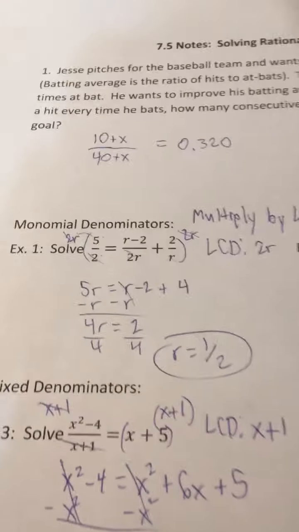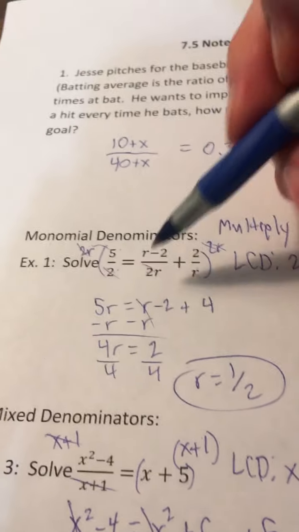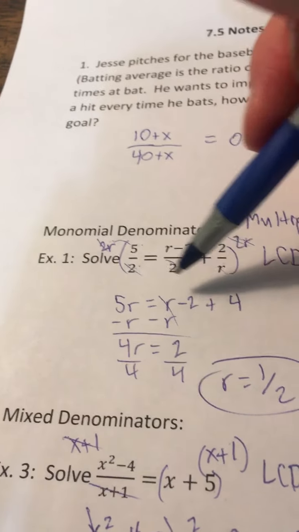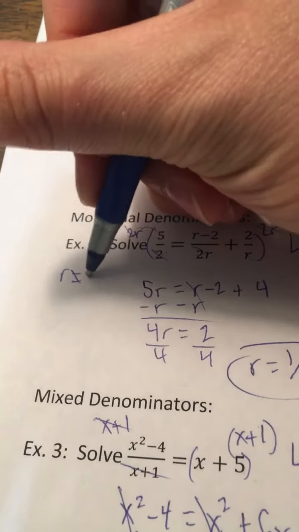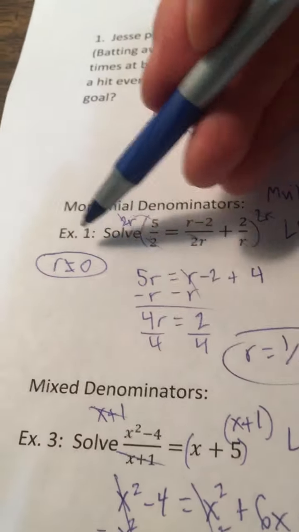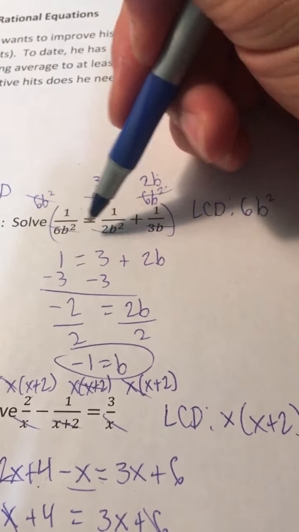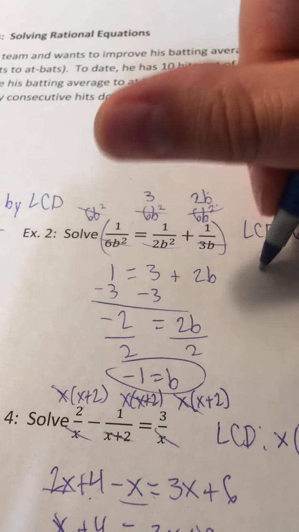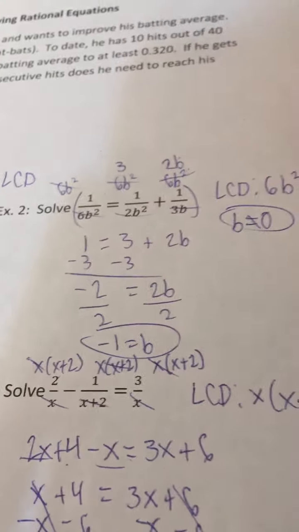Before you even work the problems, what you should do is go through and list the things that the variable cannot equal. If you look at the first example, all monomials, what number could you not get on the bottom? You cannot get 0 on the bottom. I didn't get 0, so this answer is okay. Same thing in the second example. I didn't get 0 here. B cannot equal 0. I didn't get that. I got negative 1, so this answer is okay.